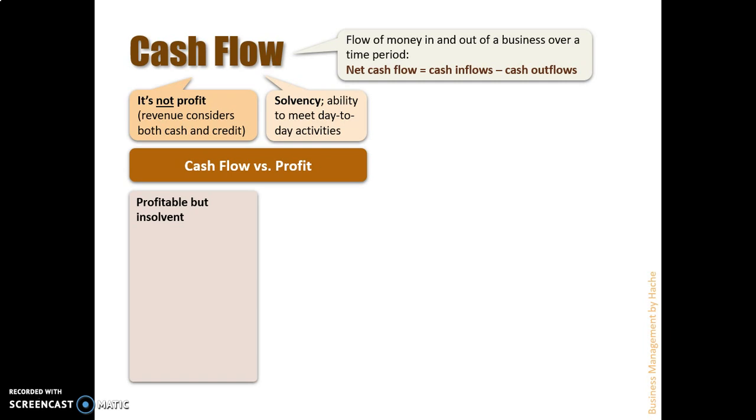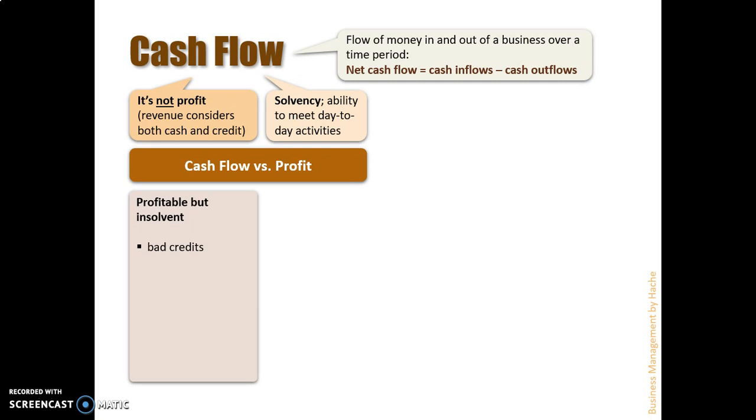Why or how? For example, the business can have bad credit, which means they are selling too much on credit, so they have too many debtors. Therefore, even though on paper, on the profit and loss account, there are a great number of sales, if most of those sales are by credit, this means they might end up becoming insolvent in the short term.